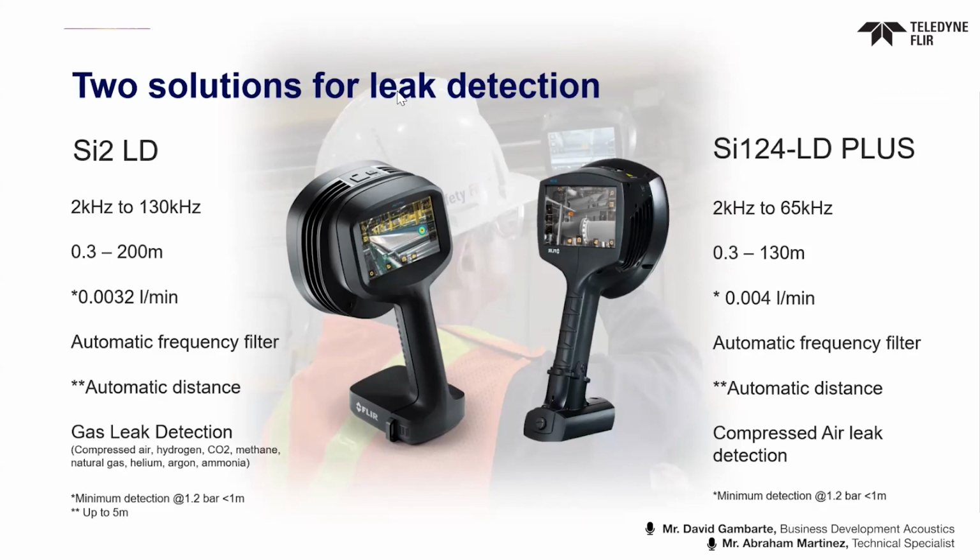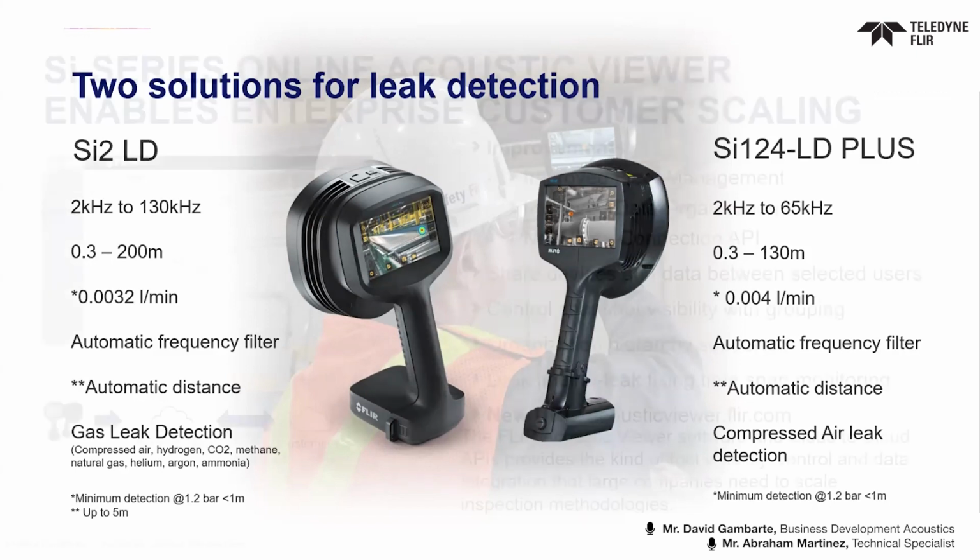The SI-124, as we said before, doesn't go as high as 130; it goes from 2 to 65 kilohertz, but it's a perfectly operational camera for leak detection. There is a difference in range, but I believe both are perfectly operational in leak detection situations, because a range of 100 meters, or anything over 50 meters, is mostly not needed by anyone for leak detection.